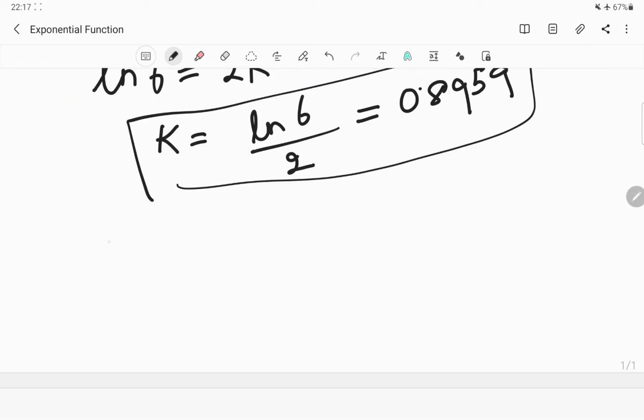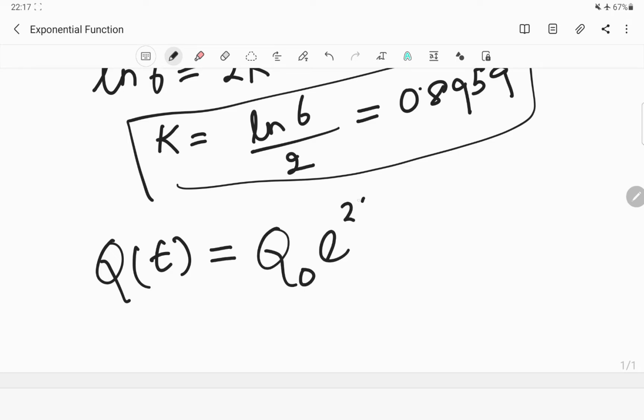Now we can find Q(4) easily. Q(t) equals Q naught e to the power kt.